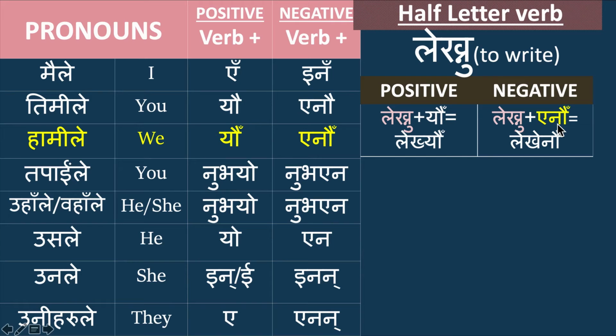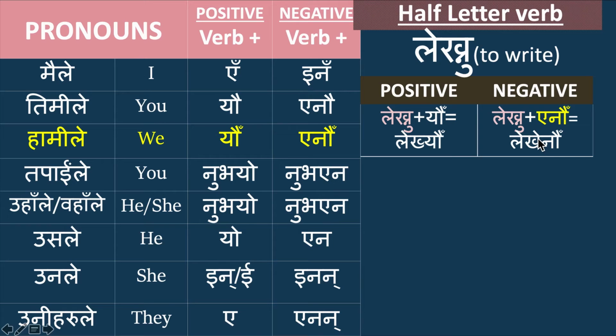Lekhnu plus enau. Now here is the main point you need to care about. Here nu is removed. Last time also I have taught in present perfect tense video. Whenever half letter and the vowel is combined, half letter changes to full letter. You can see here nu is removed, half kha is changed here to full kha, and a, the vowel is changed to the vowel symbol.